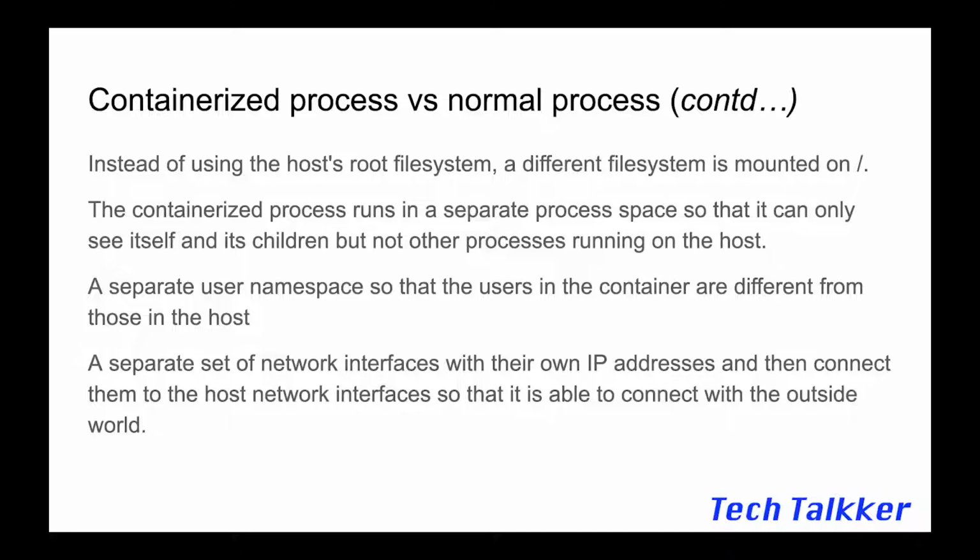This comes in for the security part. Let's say a process sends a kill signal to another process. When a process runs in the container, it cannot send a kill signal to any of the parent processes because it cannot see them. And then the next point is a separate user namespace, so that the users in the container are different from those in the host.